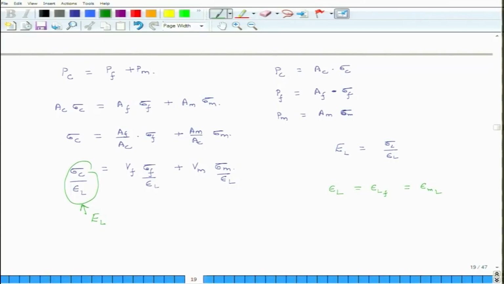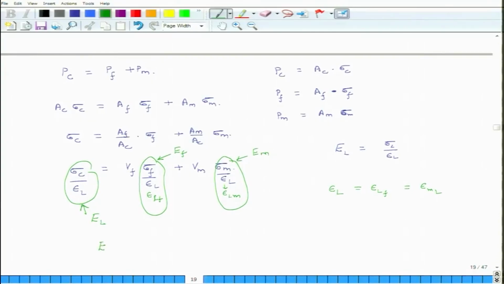So, I can replace this by epsilon LF and I can replace this by epsilon LM, and then what is sigma F over epsilon F? This thing is Young's modulus of the fiber in the length direction, and this is Young's modulus of the matrix in the length direction.